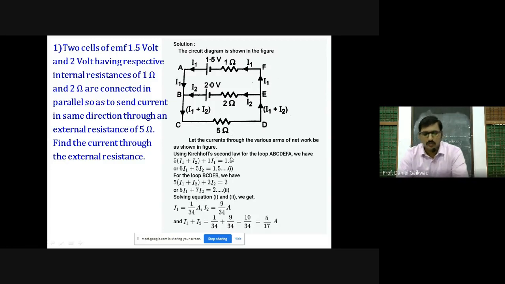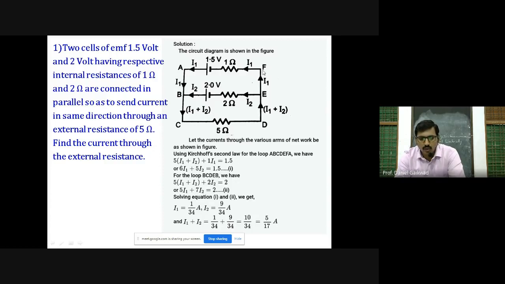From A to B, then B to C, there is no component. From C to D, we have the 5 ohm resistance, and the current is I1 plus I2. We are traveling in one direction and the current is in the same direction, so we take it as a minus sign: minus (I1 plus I2) times 5.